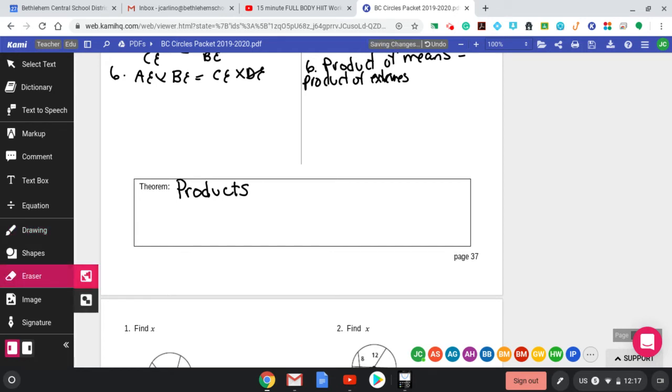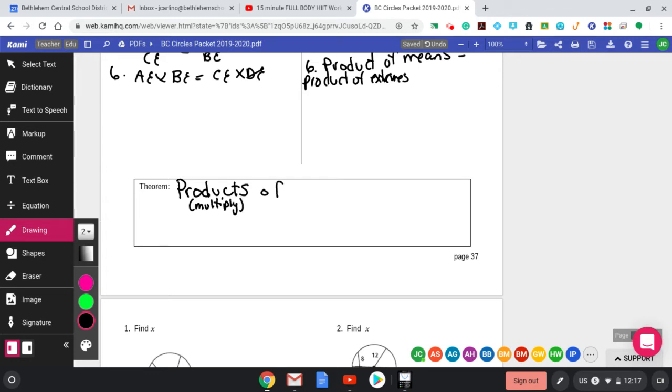Products, which means we're going to, just a little note, multiply. Products of the parts are equal. Okay, products of the parts are equal.